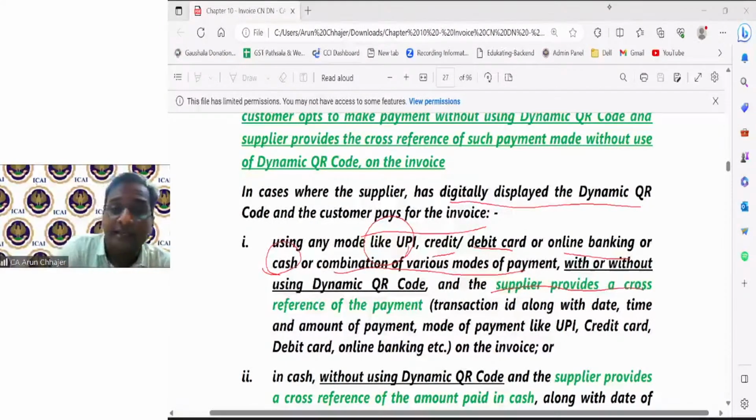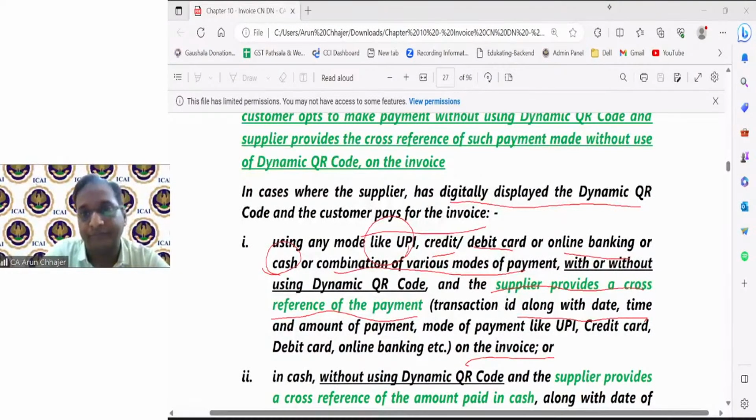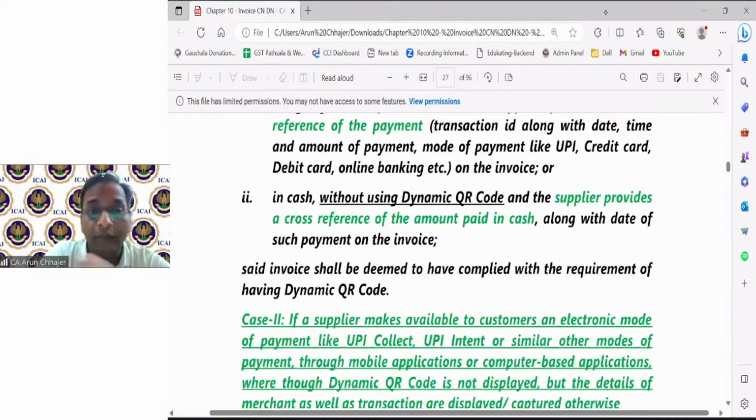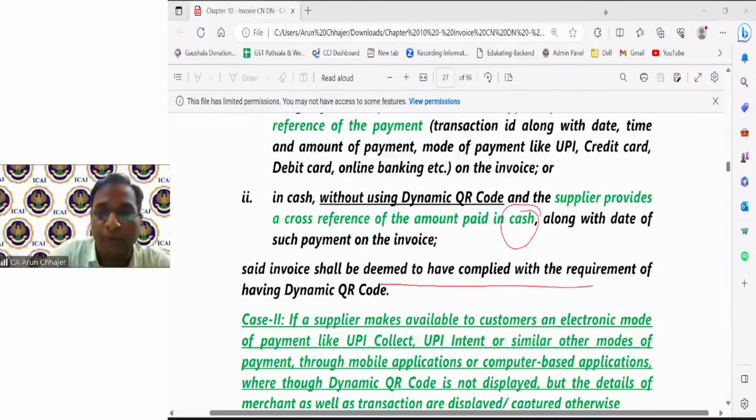An important thing: the supplier provides the cross reference of the payment, transaction ID along with date, time, amount and mode on the invoice. Next, in case payment is made without using the dynamic QR code and the supplier provides the cross reference of the amount paid in cash along with the date of the payment on the invoice, it shall be deemed to have complied with the requirement of the dynamic QR code.